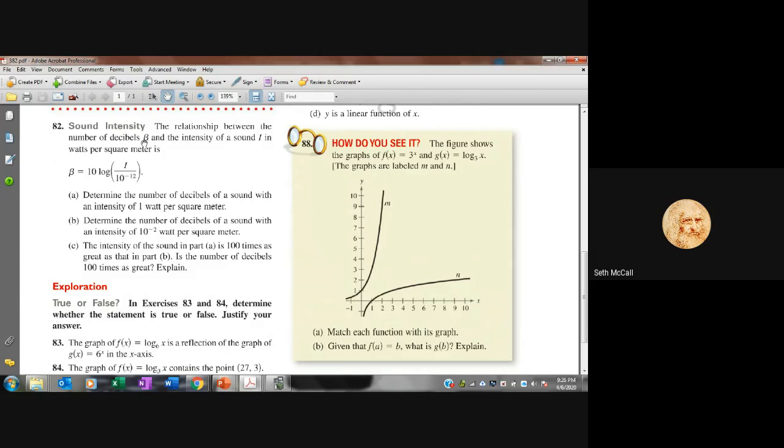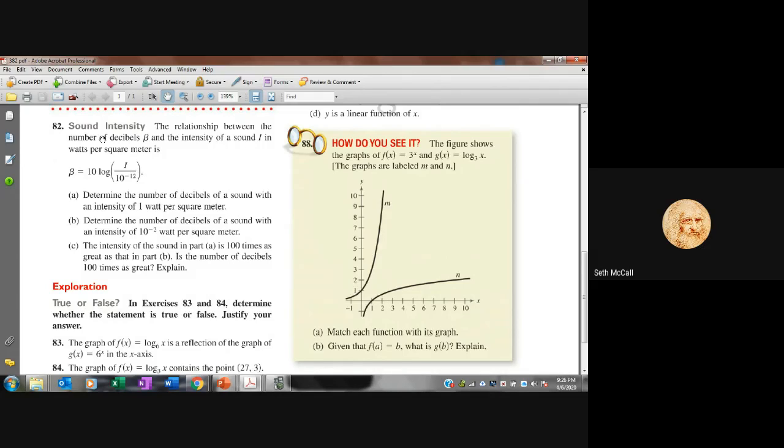And you can see this beta, this B with a tail is called a beta. And sound decibels are also a logarithmic scale. And so whenever you go from like a 60 to a 70, it is a lot more significant than you think because it being a logarithmic scale. It's not just a straight linear scale.